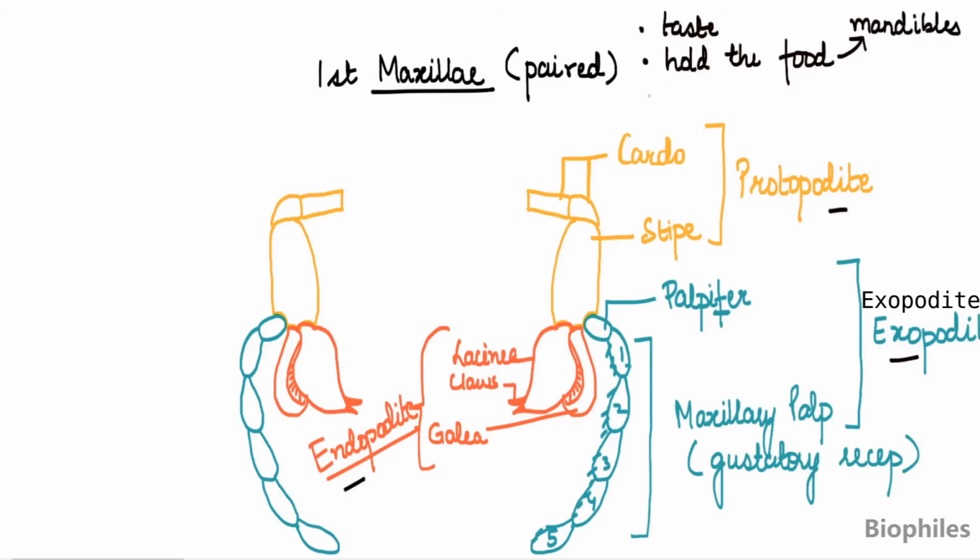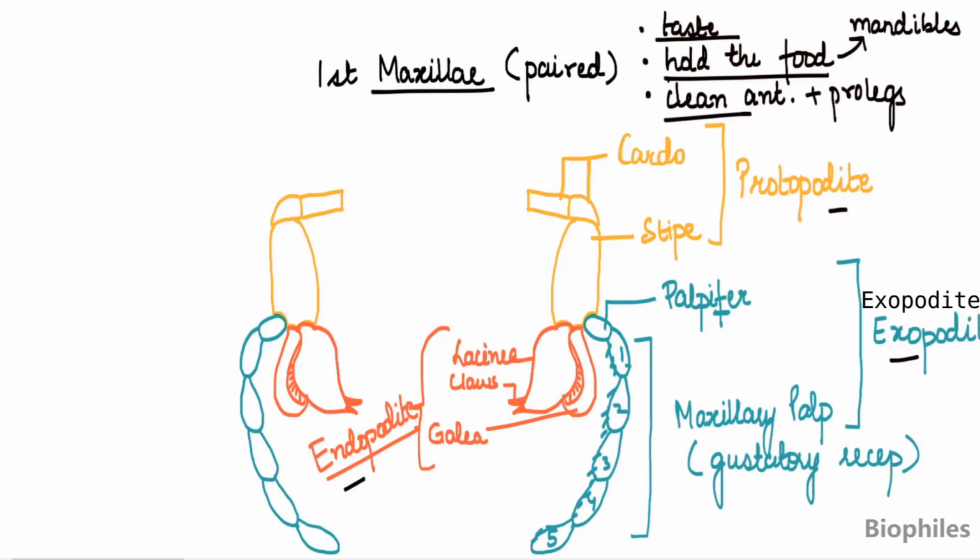Okay, and the maxillae also help to clean the antennae as well as the prolegs. So it cleans also, it holds on to the food also, and it also helps to taste the food.